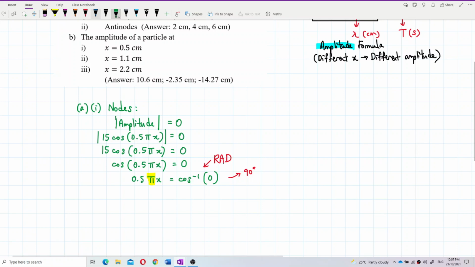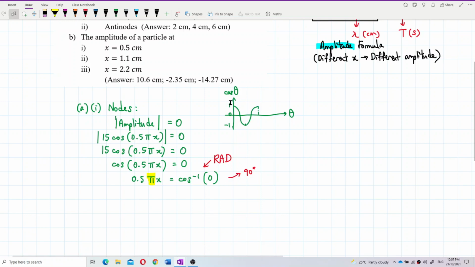Because remember the graph. If you forget, just remember the graph. This is theta, and this is cosine theta, right? How does the graph of cosine look like? It looks like a smiling face. You start from 1, then go to 0, then go to negative 1, then go back to 0 and go back to 1.